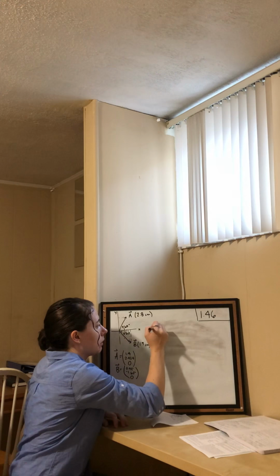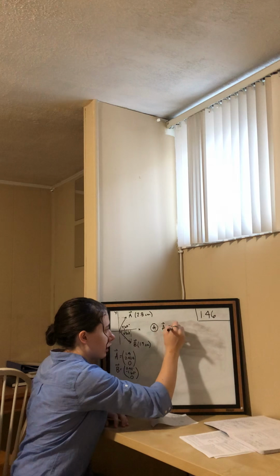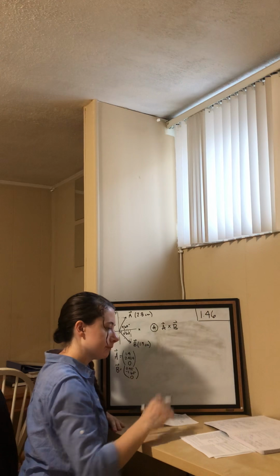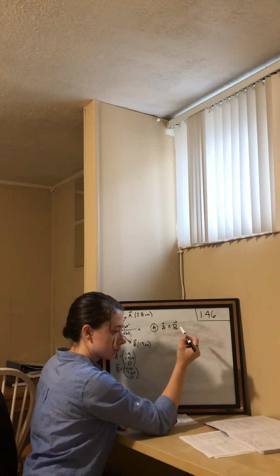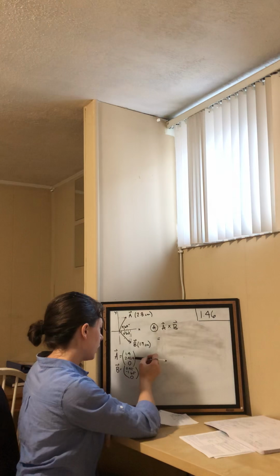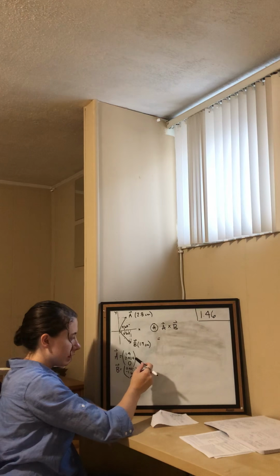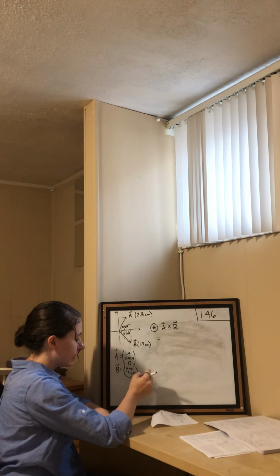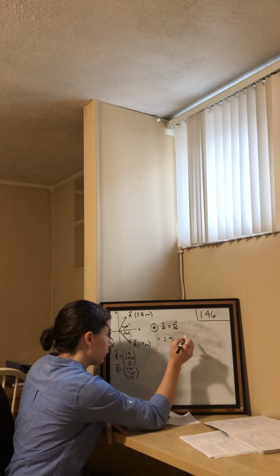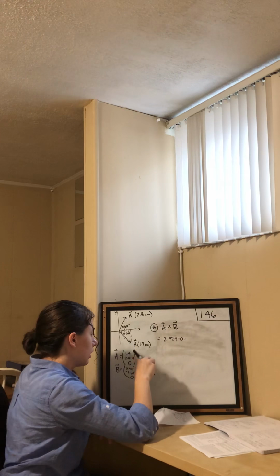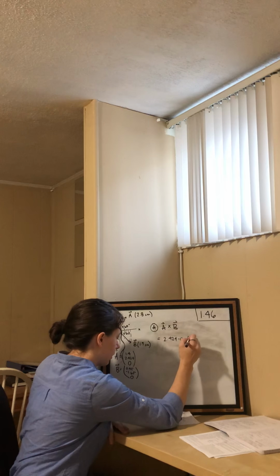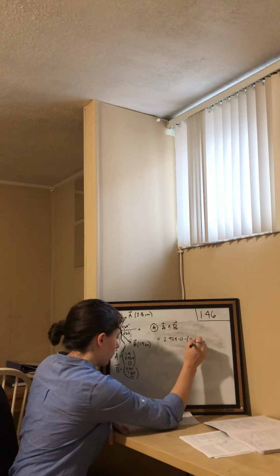Okay, so for part A, we're doing vector A cross B. Vector A cross B would equal, you take the y component of vector A times the z component of vector B, so 2.424 times 0, minus the z component of vector A times the y component of vector B, so that would be 0 times negative 1.65.